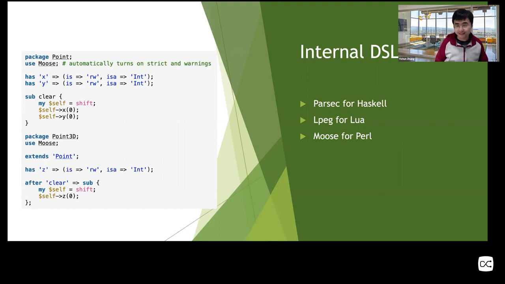So internal DSLs are a lazy way of implementing DSLs, because you can borrow the syntax and the parser of a full-fledged programming language like Ruby, like Perl, like Python, like Lua, like Haskell.